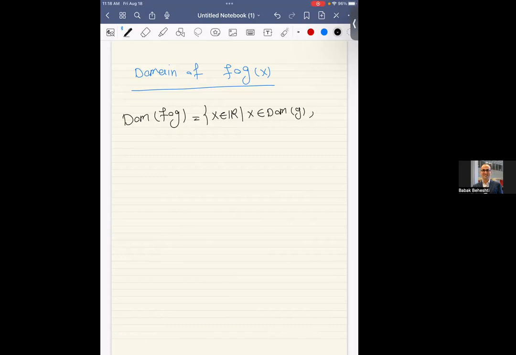So here you have two conditions. x must be in the domain of g. This is the first condition. The second condition is that g of x must be in the domain of f.